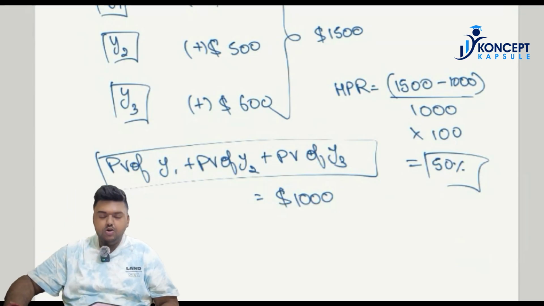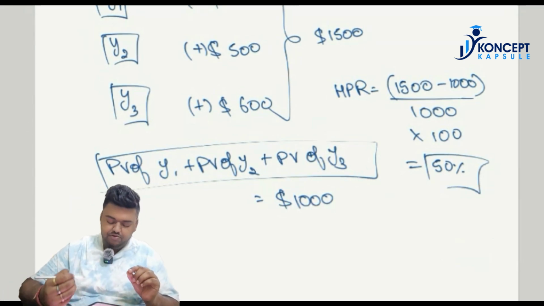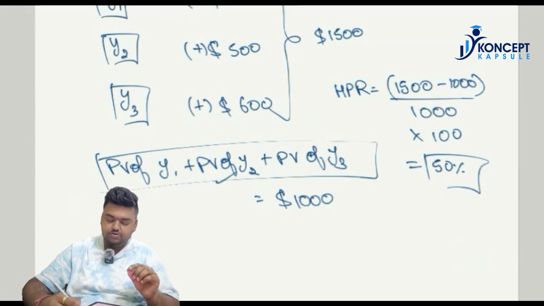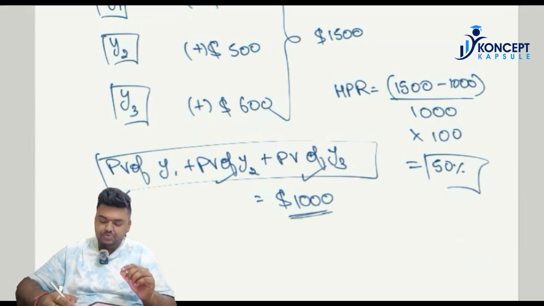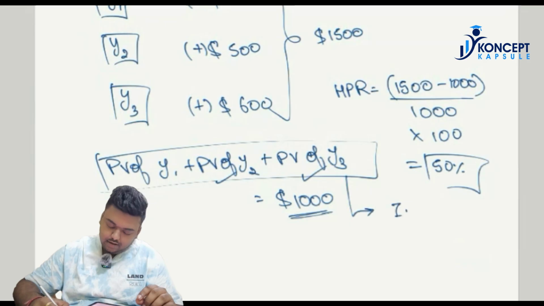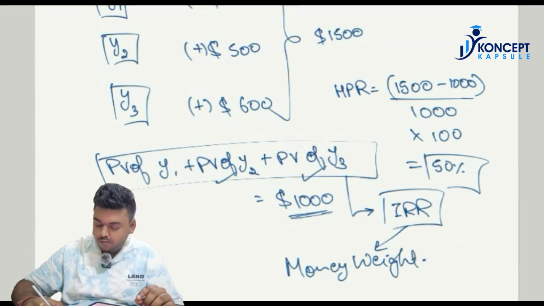Okay. So what I was saying is that the rate at which the present value of year 1 cash flow, present value of year 2 cash flow, and present value of year 3 cash flow is equal to my $1,000, that rate is known as IRR, and that is nothing but the money weighted rate of return.